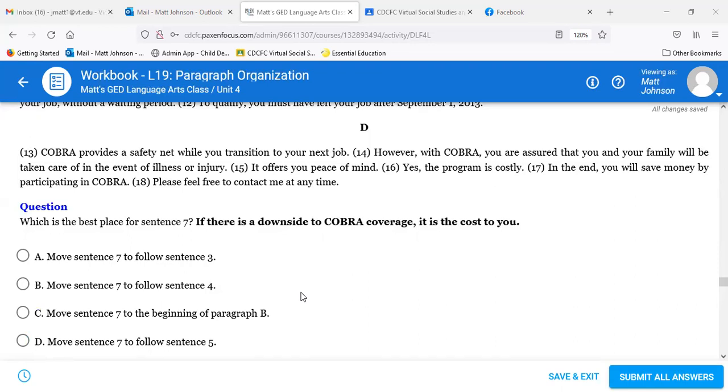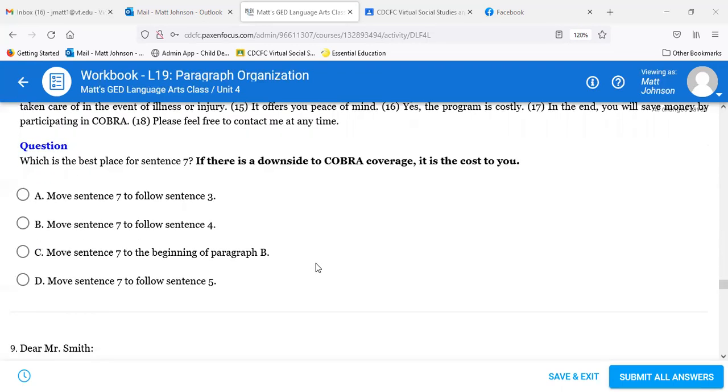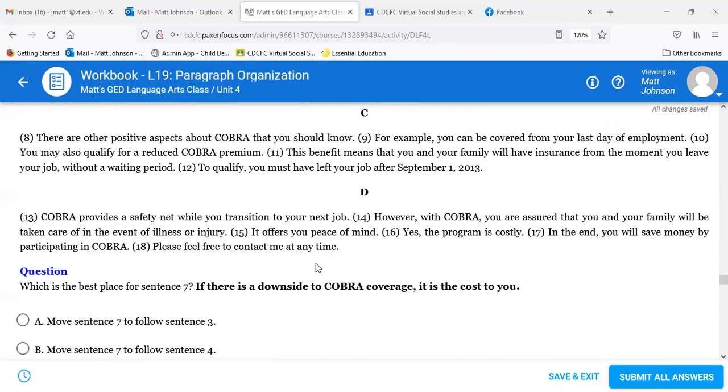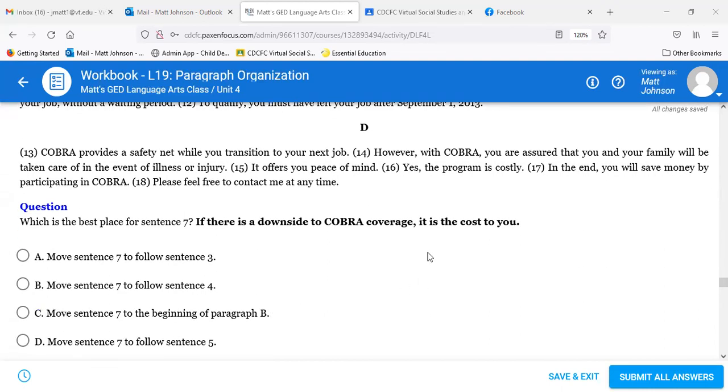C, move sentence 7 to the beginning of paragraph B. D, move sentence 7 to follow sentence 5. C.